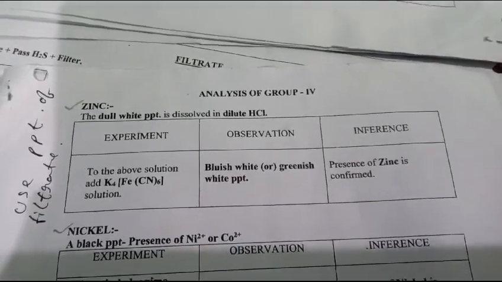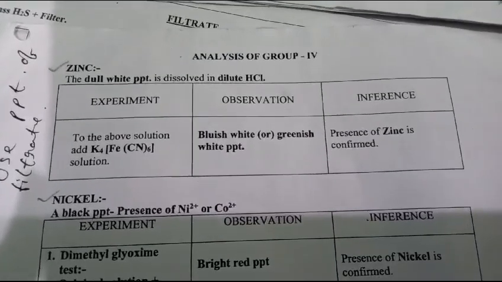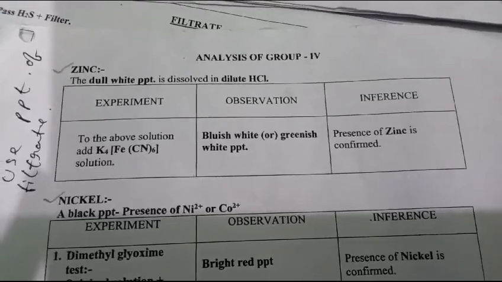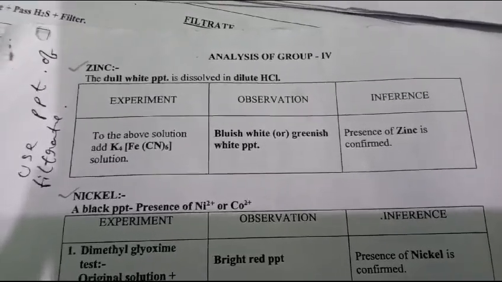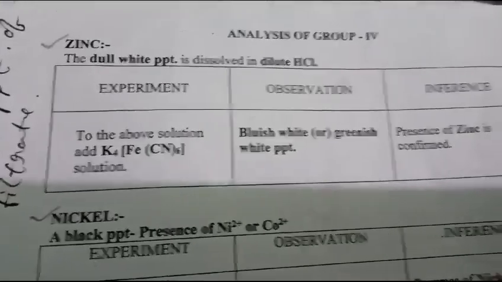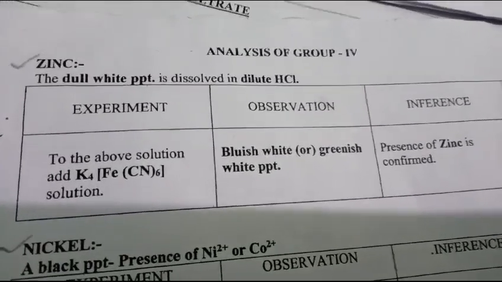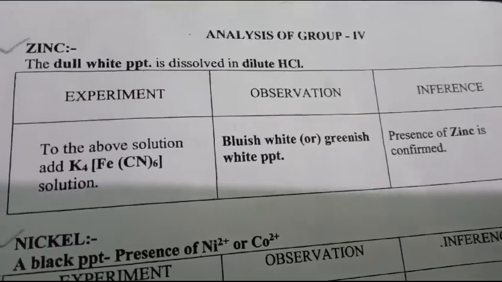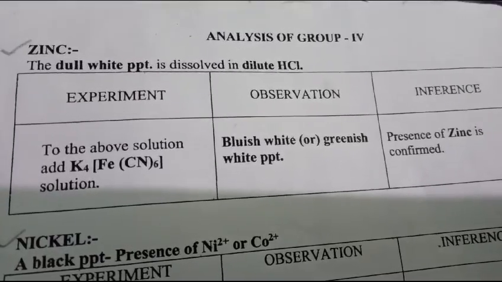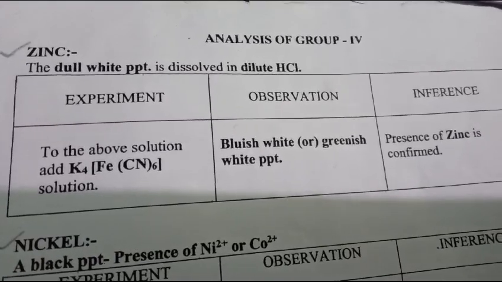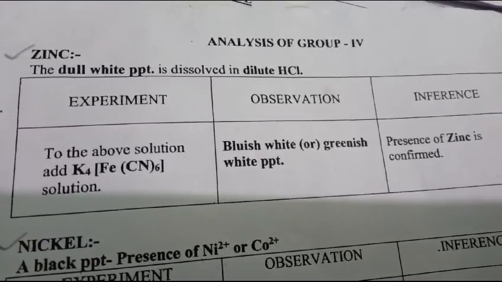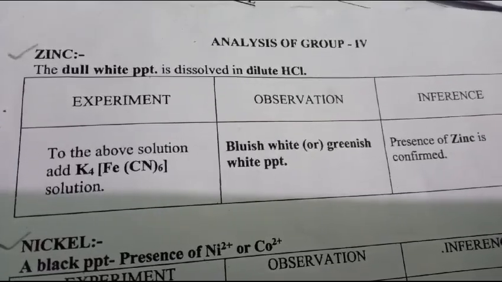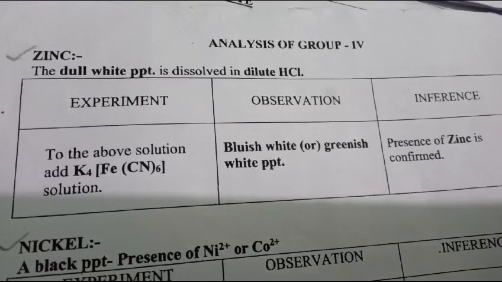If you get the dull white precipitate, then for the analysis of group 4, take that dull white precipitate. You must take care of how much dilute HCl you are pouring in for dissolving.